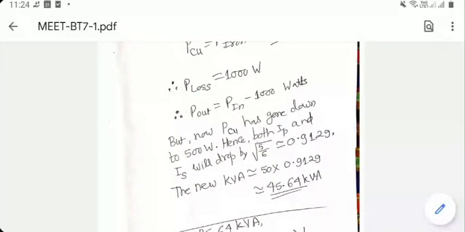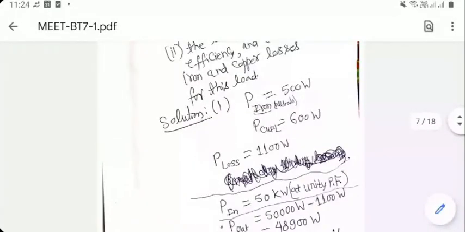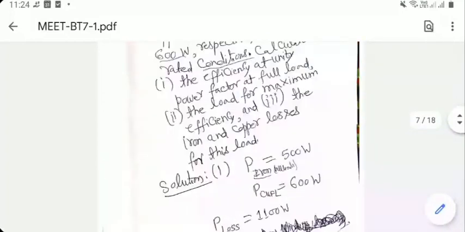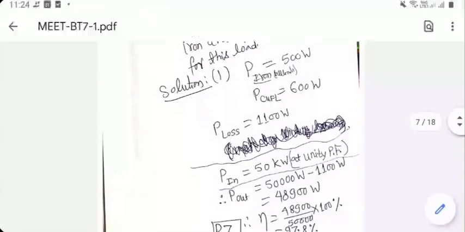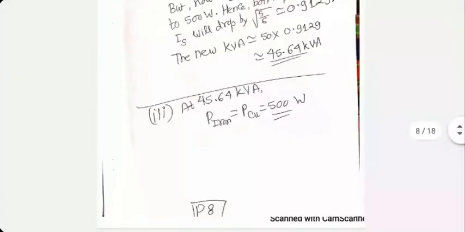That's the new rating. They are defining load in terms of new kVA. Okay. Now the last part, of course, is very straightforward. The iron and copper losses for this new load. Obviously, we know that they will be equal and each of them will be 500 watts.